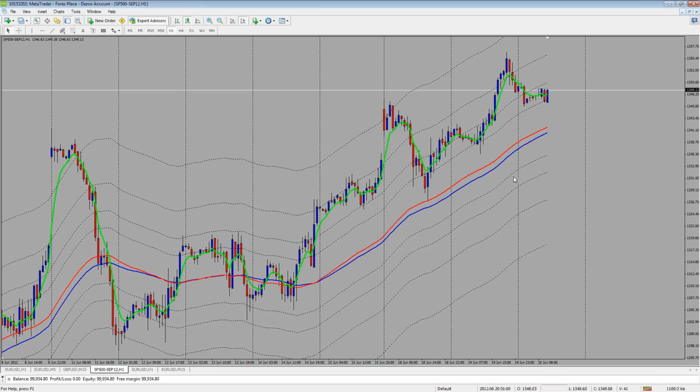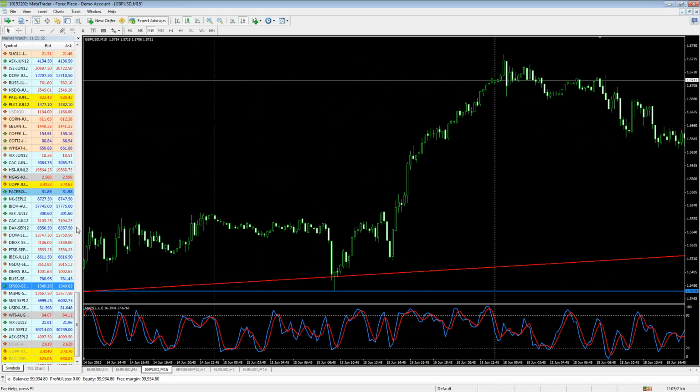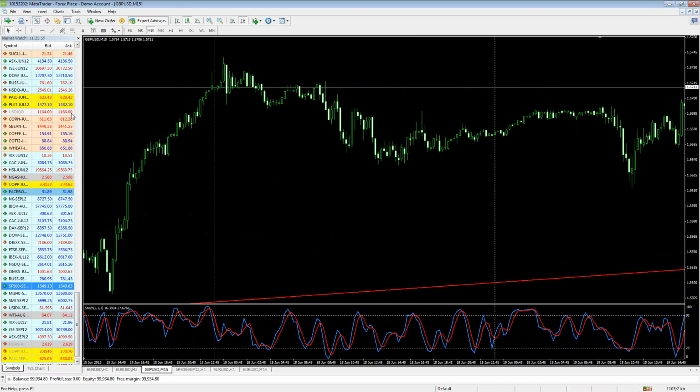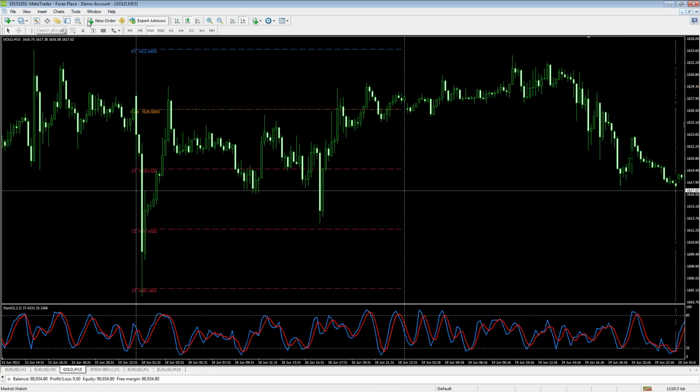Okay, so this is the first trading strategy I wanted to show you, or that I was asked to show you or to review again. The second one was the gold scalper. Let's just take this one here, gold scalper.